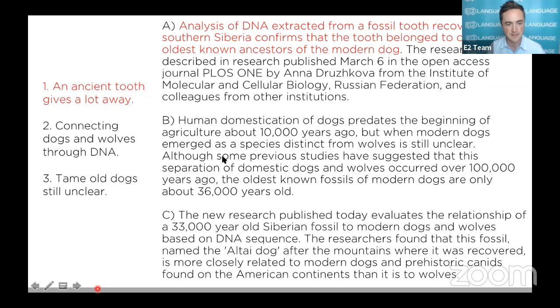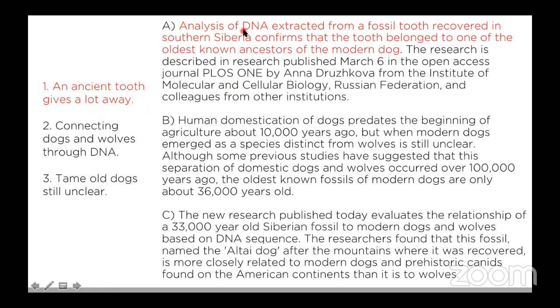So here we read, "Analysis of DNA extracted from a fossil tooth," blah, blah. An ancient tooth gives a lot of way. So 1A. Then we read down here, "The new research published today evaluates the relationship of a 33,000-year-old Siberian fossil to modern dogs and wolves based on DNA sequence," connecting dogs and wolves through DNA.